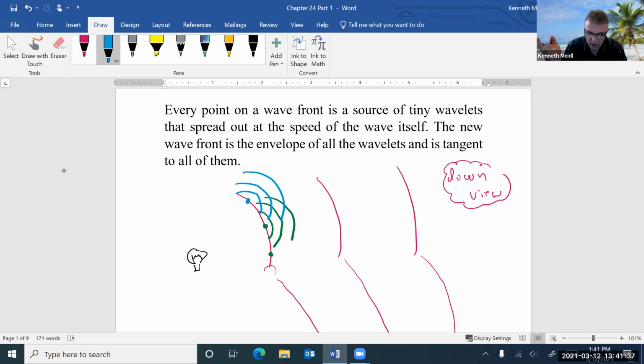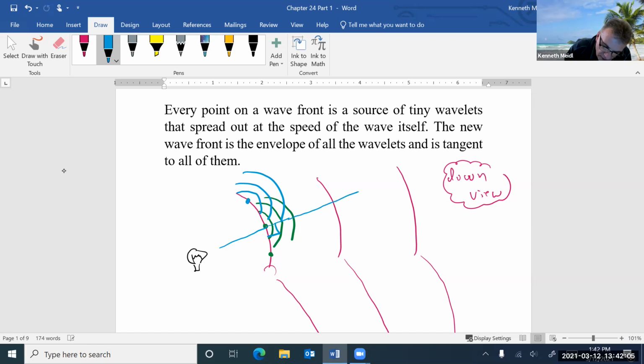The new wavefront is the envelope of all the wavelets and is tangent to all of them. And that's really the key here, okay? That the wavefront is the envelope of all wavelets and is tangent to all of them. And so, in other words, this wavefront can be thought of as a line going through that source of wavelets, that little point here, as long as it hits the wavefront at right angles.